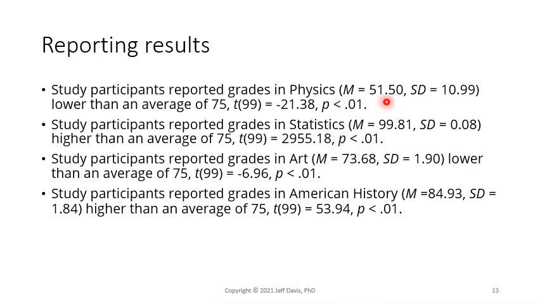And so someone reading this can take a look at the results and say, well, it looks like for each variable here, physics, stats, art, and American history, this group of simulated students were either below average, and in some cases well below average, or above average in these different subjects, okay?